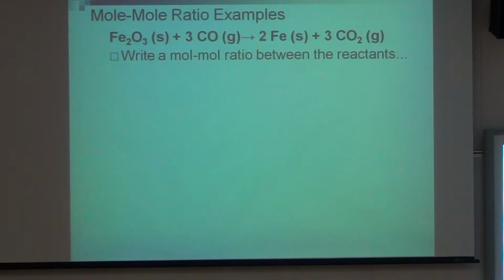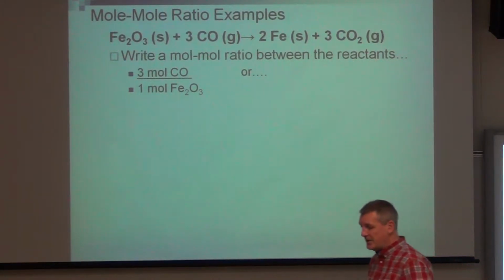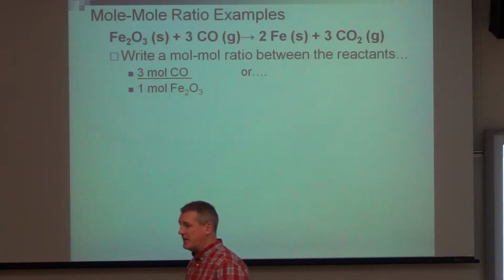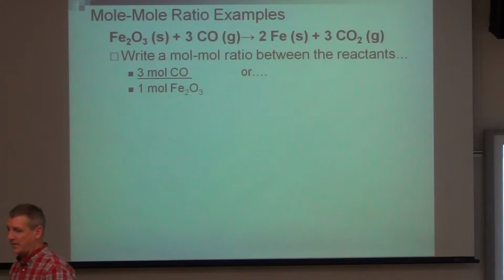Simply asking you to write your mole-to-mole ratio between the reactants. Well, our reactants are the iron oxide and the carbon monoxide. So you can write 3 moles of carbon monoxide over 1 mole of your iron oxide. Or, what's the other one we could write?